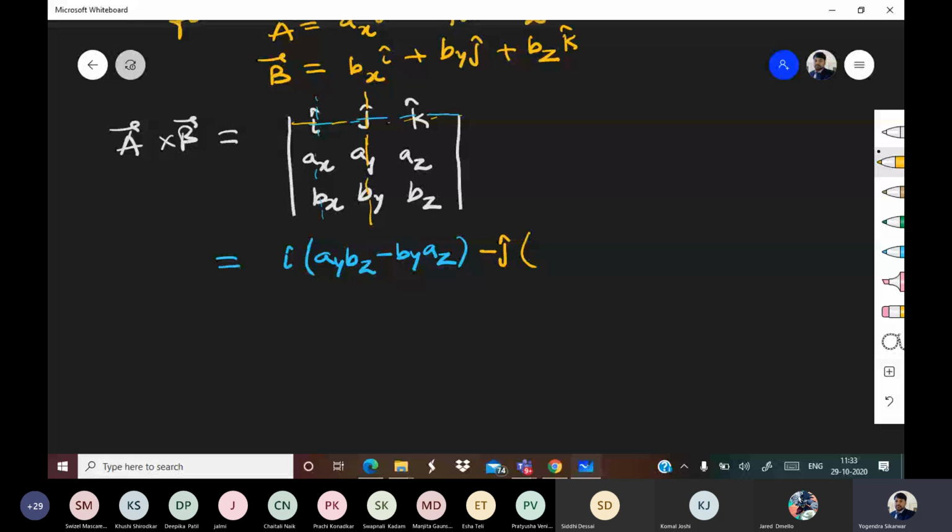Now Ax will be multiplied with Bz, so Ax Bz minus Bx Az. So that is done for j.